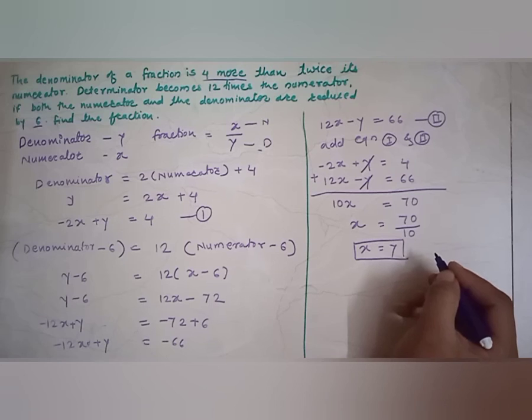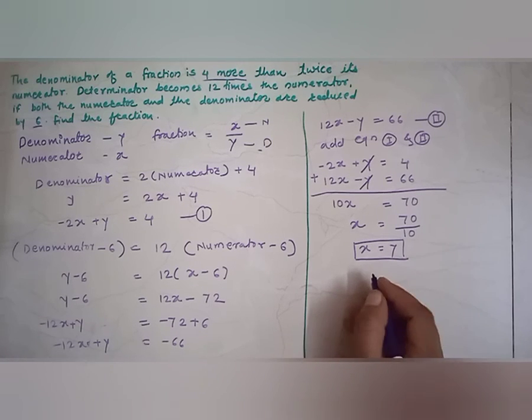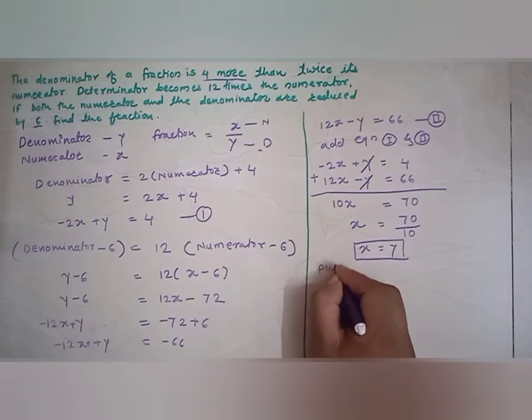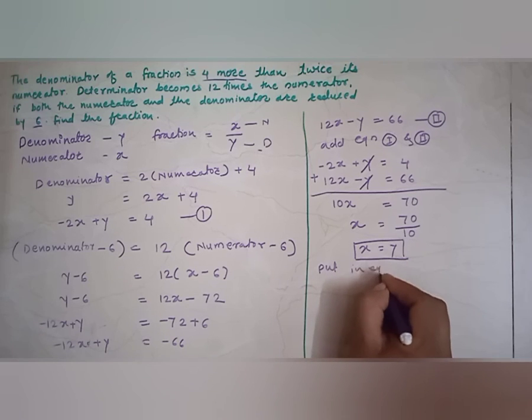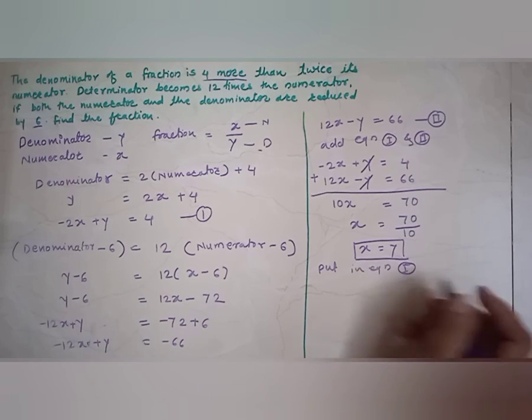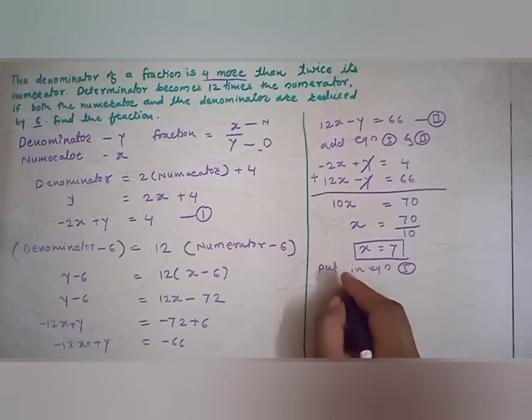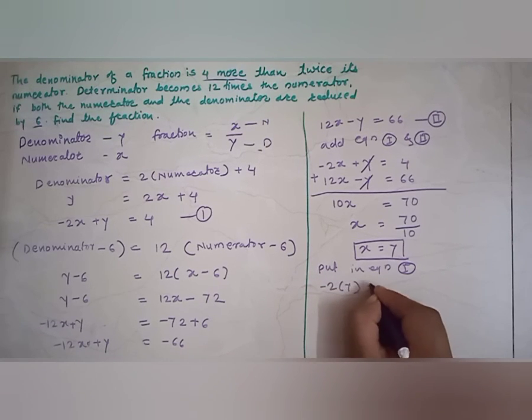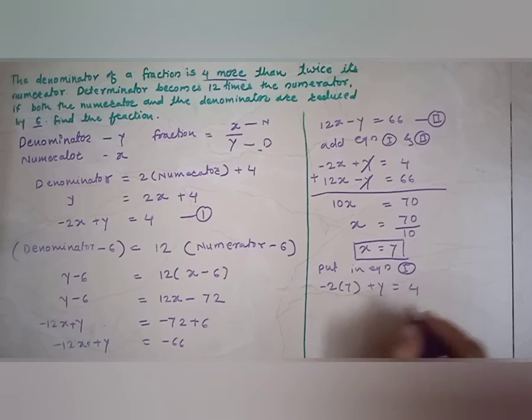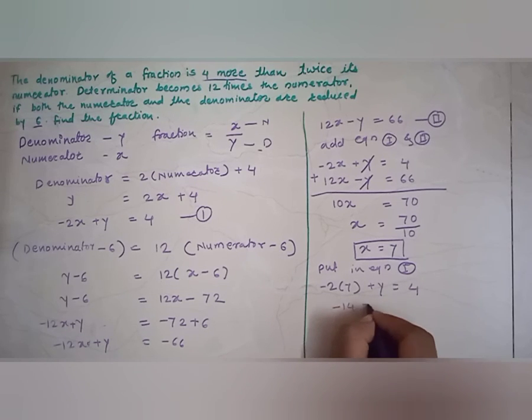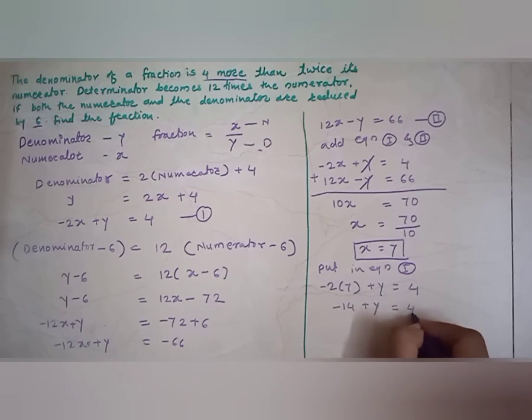This is our value of x. Then putting this value in the first equation, we get the value of y: minus 2 into 7 plus y is equal to 4. Then minus 14 plus y is equal to 4, so y is equal to 4 plus 14.